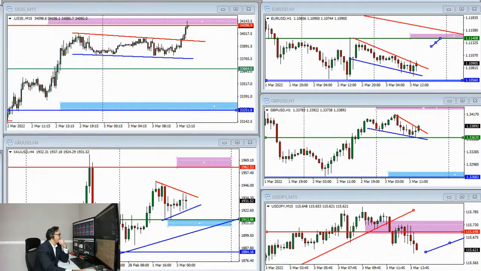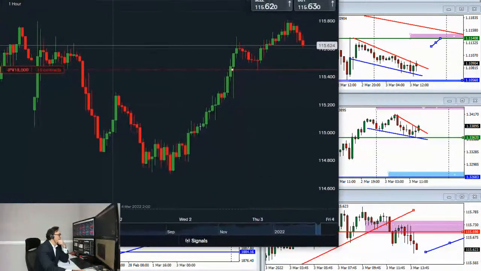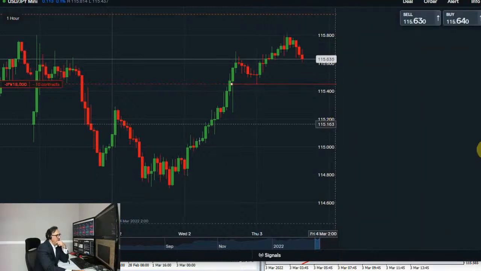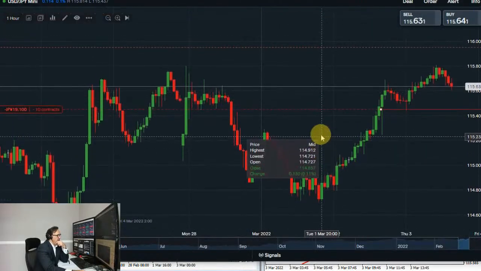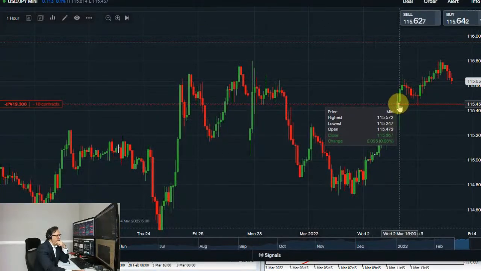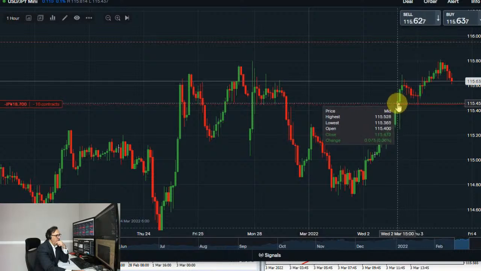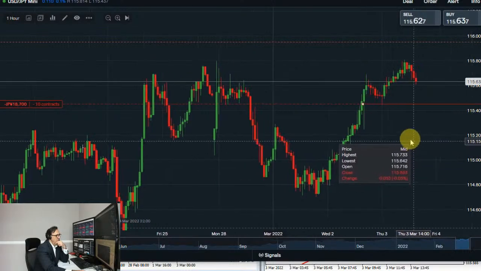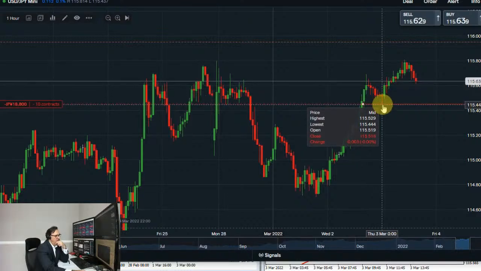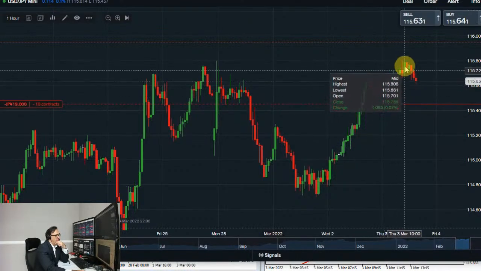Here we go. And then what I'll do is I'll cover a few other things that could be of interest to you as well. So this is where I got in. I got in up here at 115.45, and basically what the price did, it did that, corrected. I was breaking even at that time, and then it carried on moving higher.